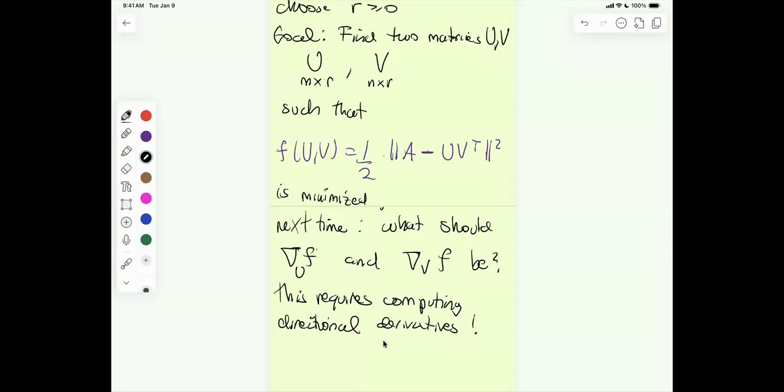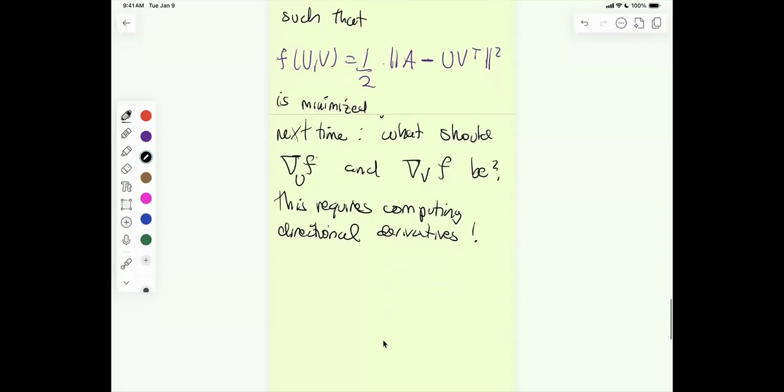Again, if you are in Calc 3, say you were at a point P and you want to move in the direction of a vector v, right?